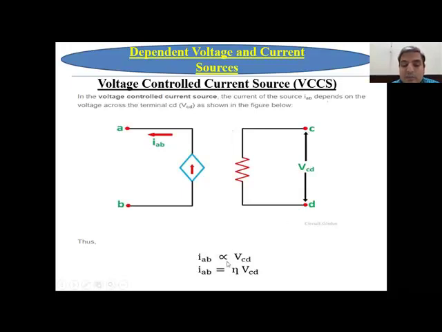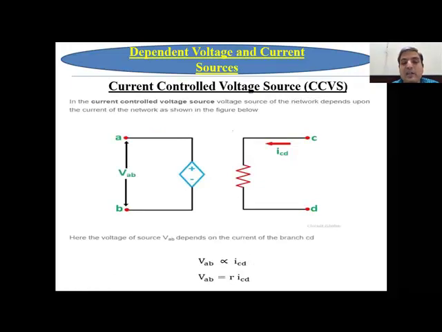If we remove this proportionality sign, we find that IAB is equal to eta VCD. If we want to know the unit of eta, that is IAB divided by VCD, current divided by voltage. So what is this value? Current divided by voltage, conductance. So the unit of this proportionality constant in the voltage controlled current source is Siemens or ohm inverse.